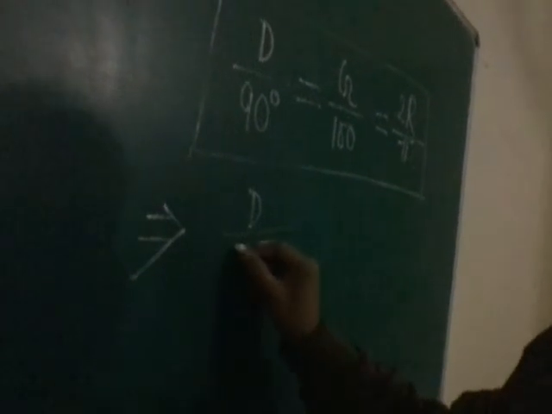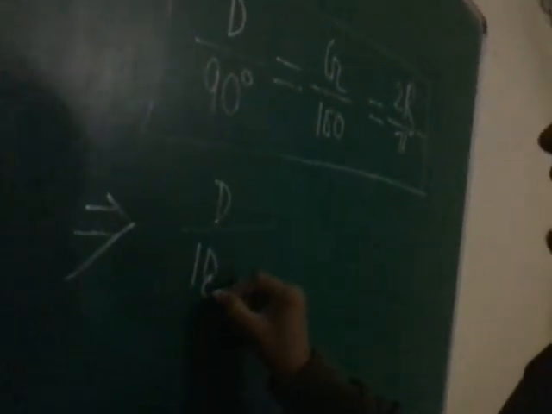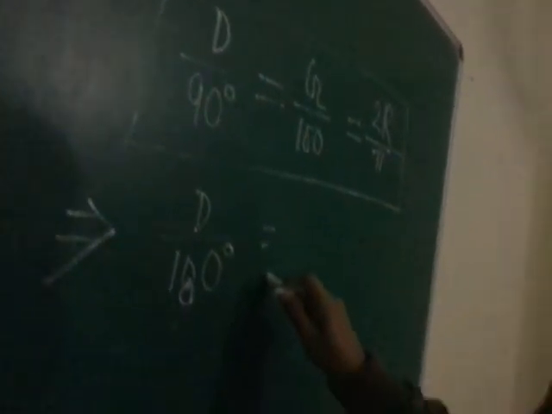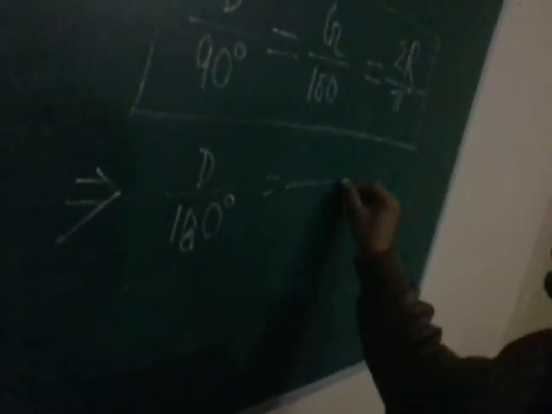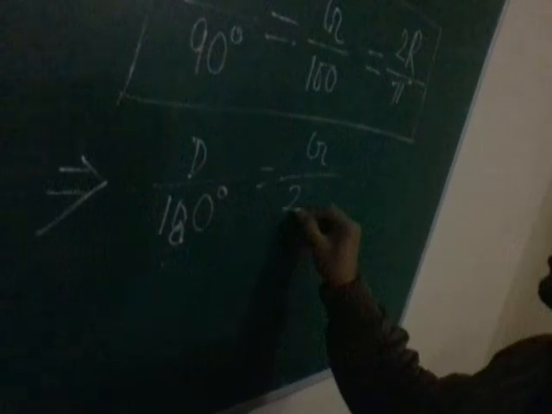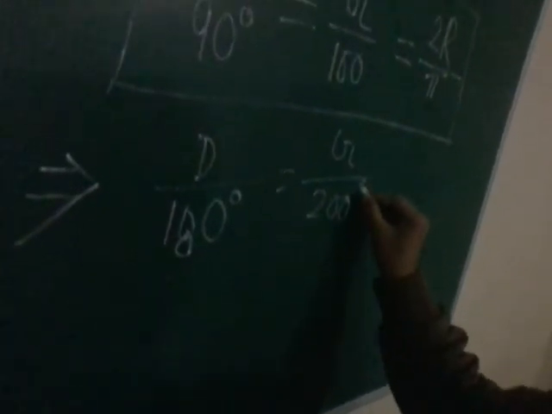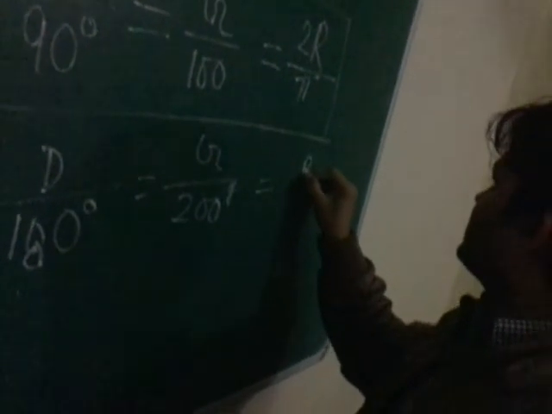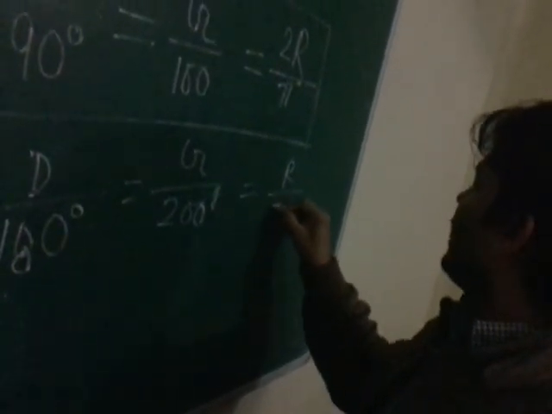We can transform this formula for the relation in this way also: D by 180 degree is equal to G by 200 is equal to R by pi radian.